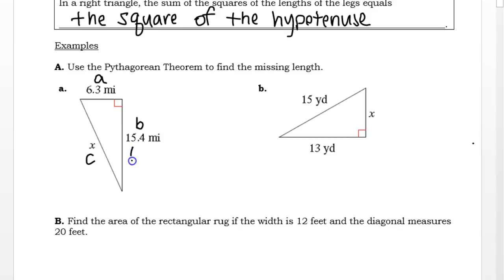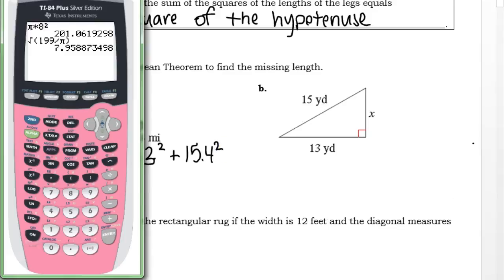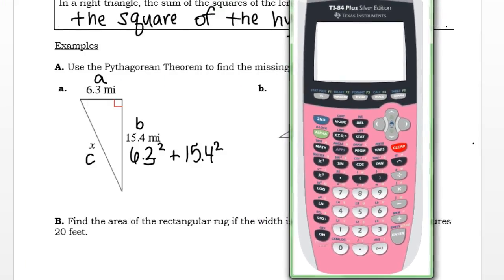So I'm going to do a squared plus b squared on my calculator. A squared plus b squared, 6.3 squared plus 15.4 squared. Okay, and that gives me 276.85.